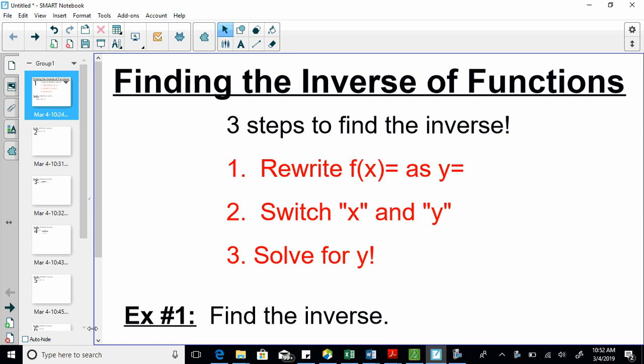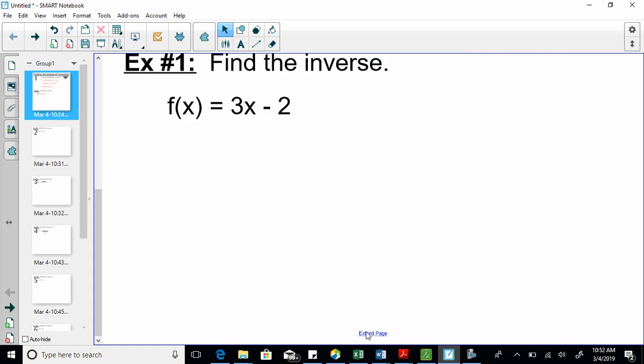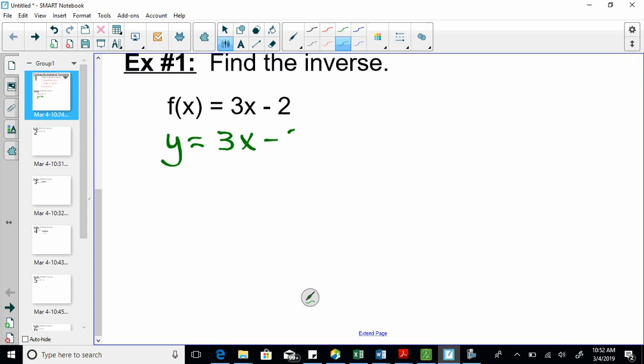So our first example, we have to find the inverse. I have f of x equals 3x minus 2. So, first things first, like step 1 says, we're going to switch f of x equals to y equals. So, it becomes y equals 3x minus 2.